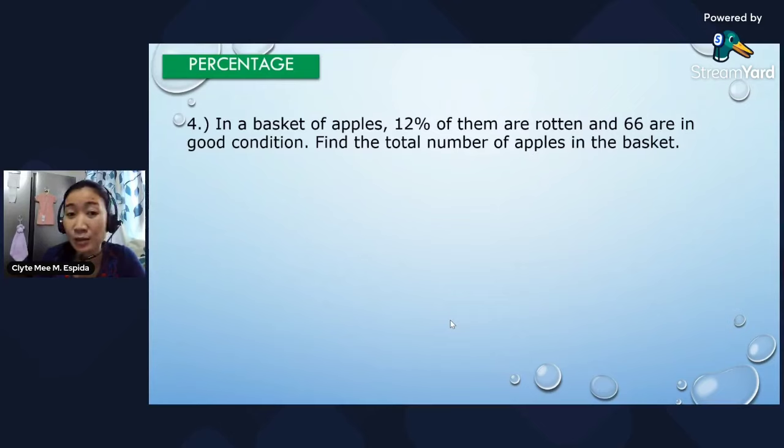So pag 12% yung rotten, ibig sabihin, 88% is in good condition. And that is 66. Okay, so when you solve, 88% of x, 88% of x is equal to 66.